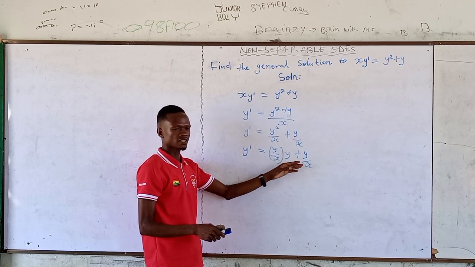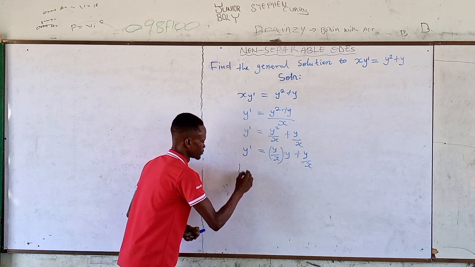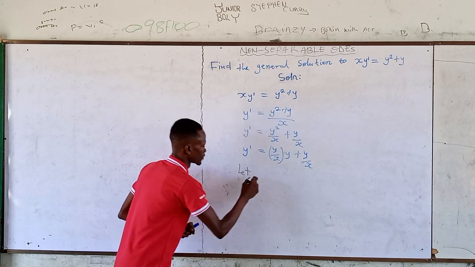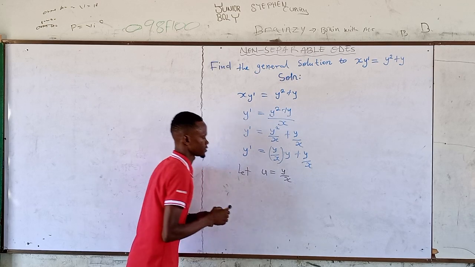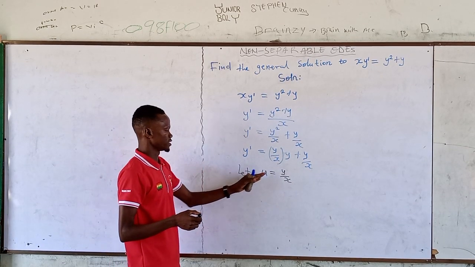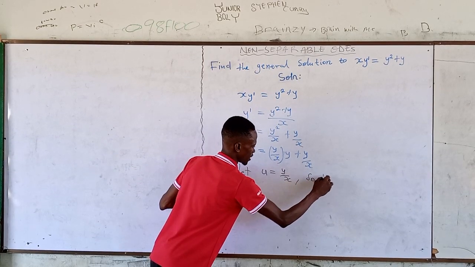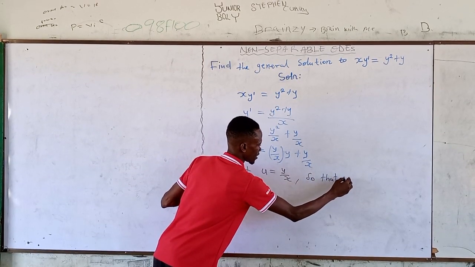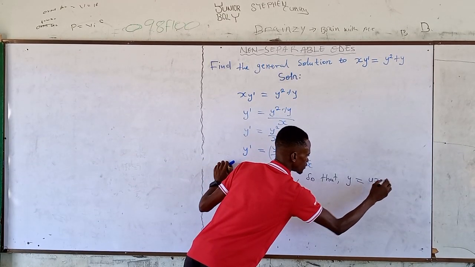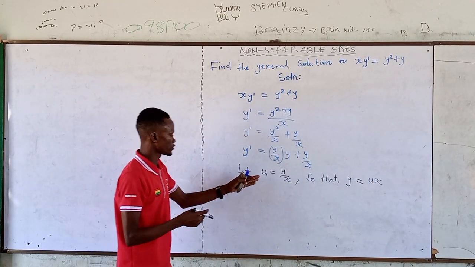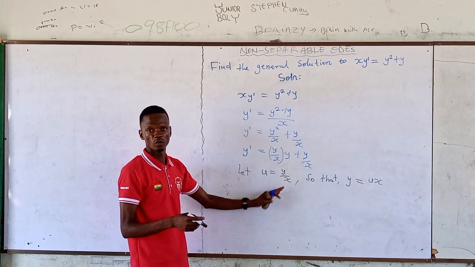So having expressed it as this, we say let u equal to y over x. So if u is equal to y over x, then we make y the subject, so that we have y equal to u times x.